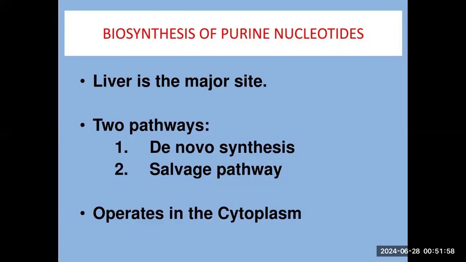The de novo pathway builds the purine ring atom by atom and requires a large amount of energy, and the salvage pathway recycles the already synthesized nucleotides which are broken down. Both these pathways operate in the cytoplasm.